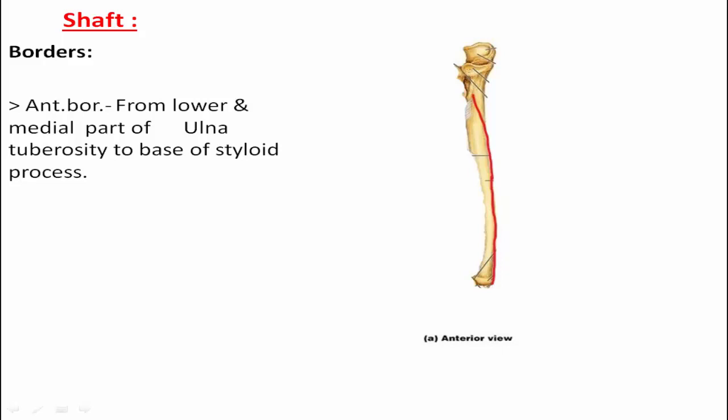Now about the second part of the bone, that is the shaft. The shaft has different borders and different surfaces. First of all, about the borders, the anterior border begins from the lower and medial part of the ulnar tuberosity, then it runs down up to the base of the styloid process.